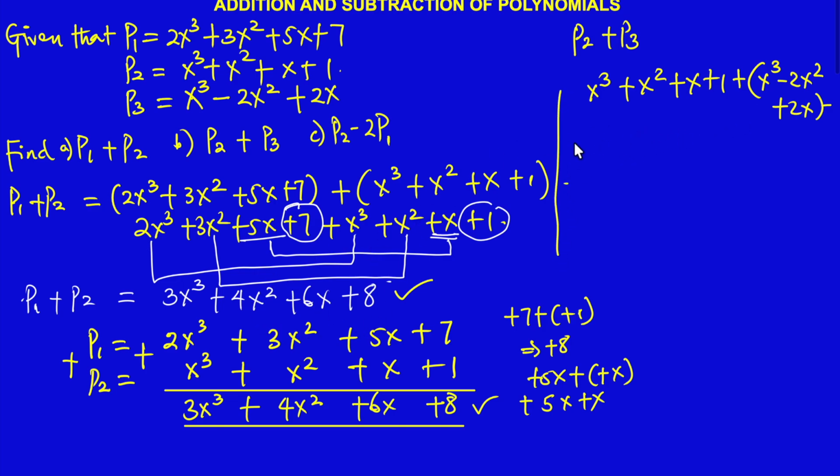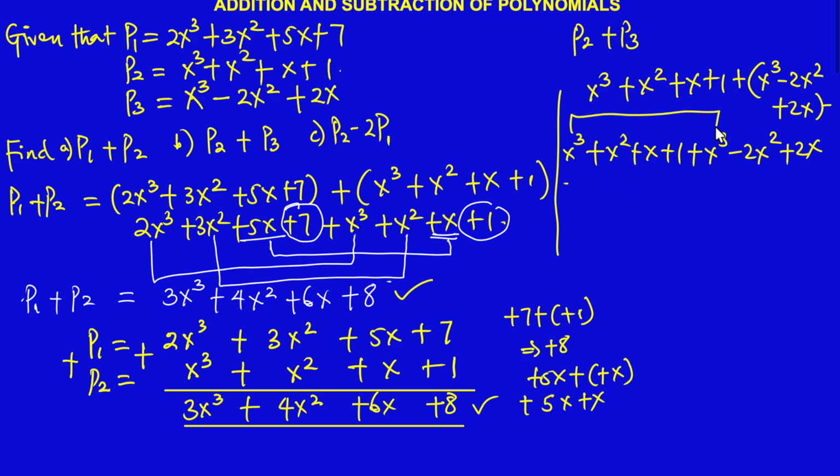So when we do that, we have x cubed plus x squared plus x plus 1. Now we're going to use the positive to open the parentheses, right? So you have plus x cubed minus 2x squared plus 2x. So let's add them up.